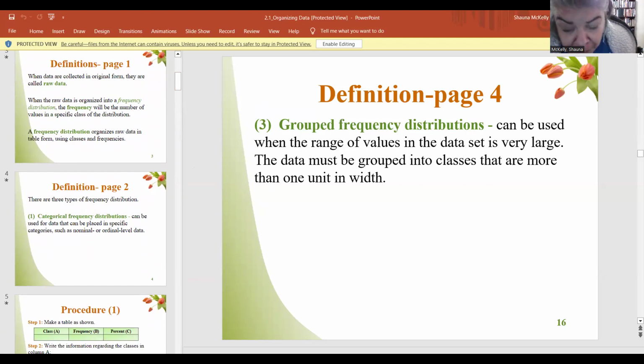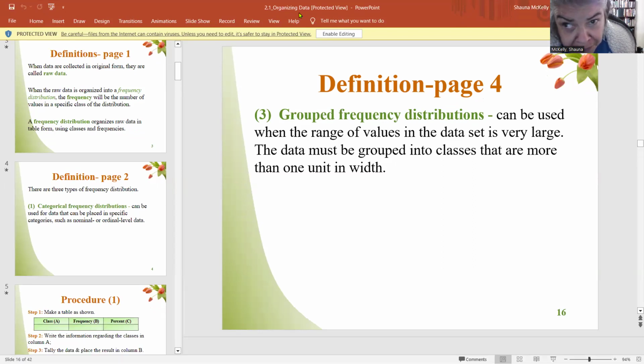Now, on the quiz or the exam, Professor Nickdell is not going to tell you what type of distribution you have, and that's because you should be able to tell on your own based on the information that's given to you. So we have three types of distributions.